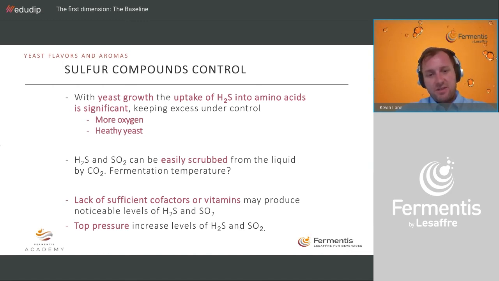H2S and SO2, the 2 negative ones, most usually associated with sulfur, can easily be scrubbed from the liquid by CO2, potentially by fermentation temperature. If there's a heavy enough fermentation happening, it can really push the sulfurs out of the tank. Lack of sufficient cofactors and vitamins may produce noticeable levels of H2S or SO2, and top pressure can increase those sulfurs.